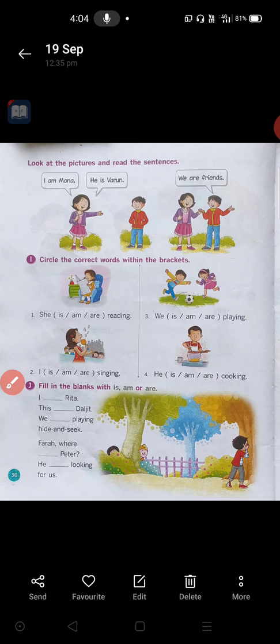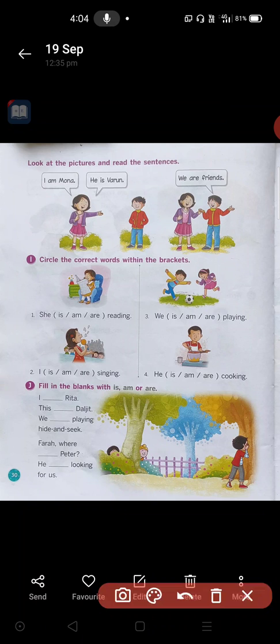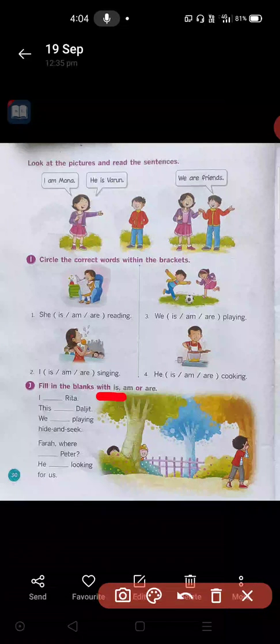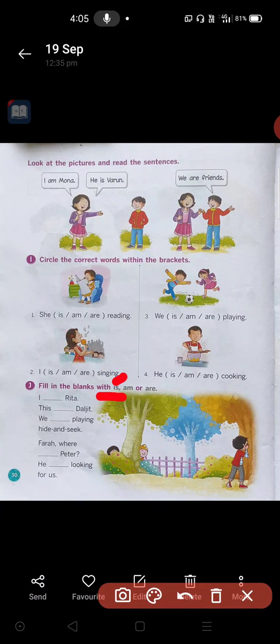These three options, which should be filled here, we need to think. It is one person, so we need to use singular is here. Where is Peter? Then next one, he dash looking for us. He is looking for us, or he am looking for us, or he are looking for us. It is correct: he is looking for us. Is we need to fill here.